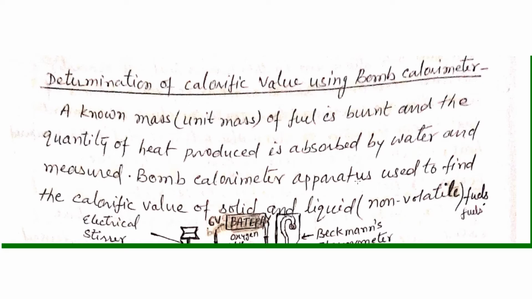In this bomb calorimeter experiment, a known mass or unit mass of a fuel is burnt, and the quantity of heat produced is absorbed by water and measured. The bomb calorimeter is used to find the calorific value of solid and liquid fuels, especially non-volatile ones, or liquid fuels which have a higher boiling point.